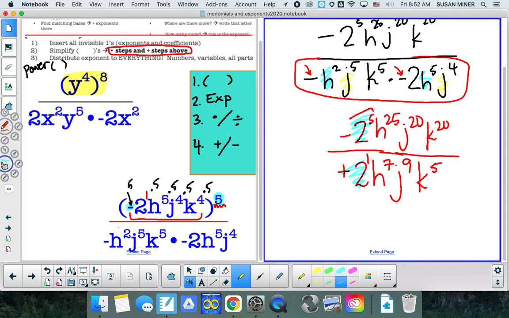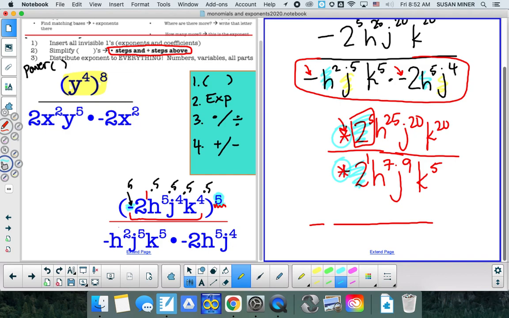This 2 to the 5th, that negative is not being affected by that 5, so it's a negative. This one is a positive. If I have a negative and I'm dividing it by a positive, then my result is always going to end up negative. Okay, so I've already taken care of my signs.